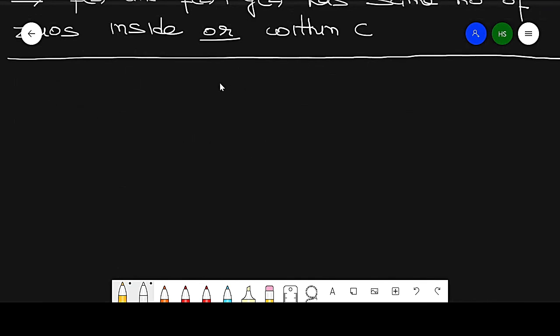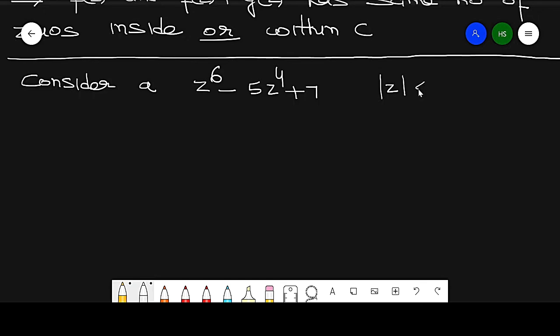Now, for example, in order to discuss the application of Rouche's theorem, consider a function which is equal to z raised to power 6 minus 5 z raised to power 4 plus 7, with modulus of z less than 1.